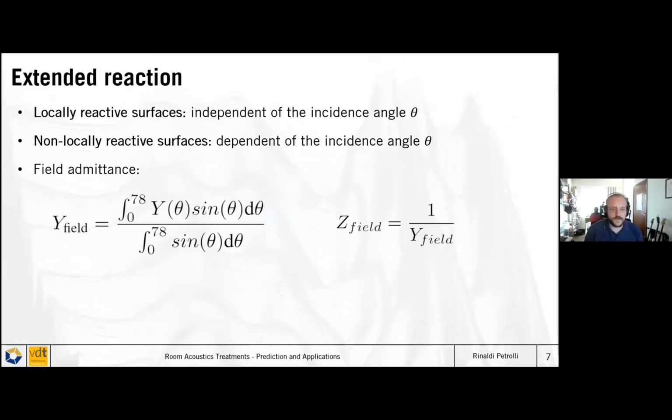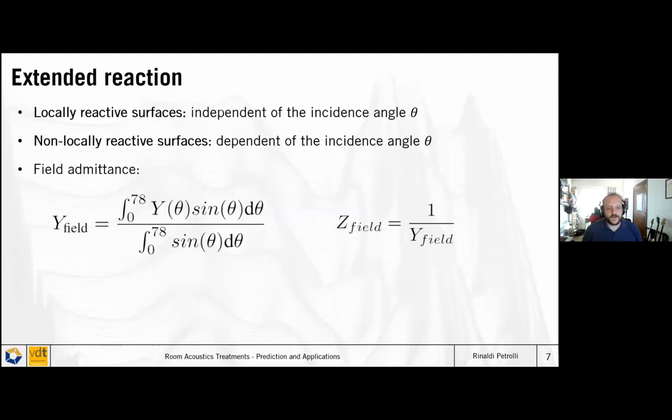And as Finor touched on the subject, we have the case of extended reaction. Generally, we are talking about a closed room, right? It might be a concert hall, it might be a very small room, but the general assumption is that we are in a diffuse field. Being true or not, that is the general assumption.